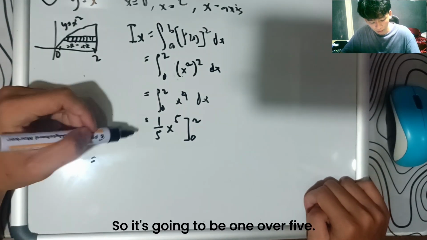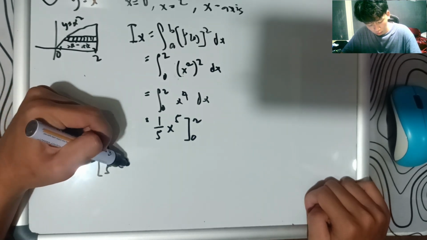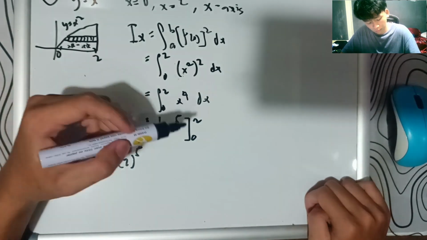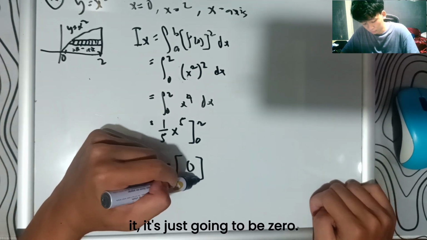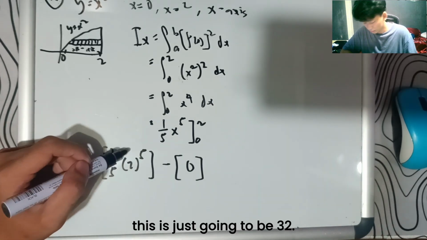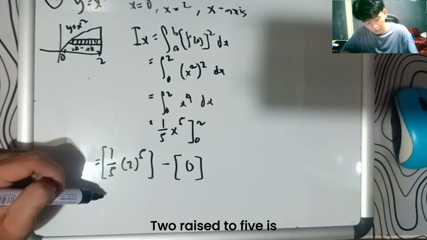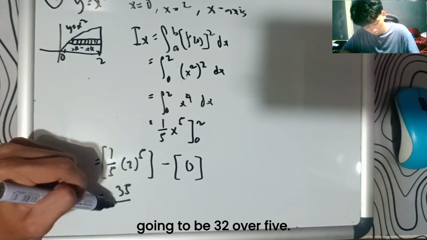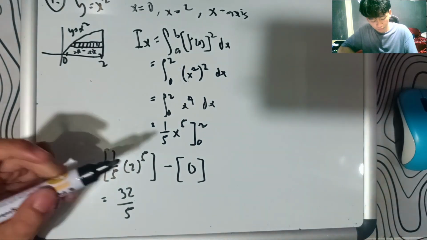So it's going to be 1 over 5, 2 raised to 5, minus, and if you look at it, it's just going to be 0. So if we solve this, 2 raised to 5 is going to be 32 over 5.